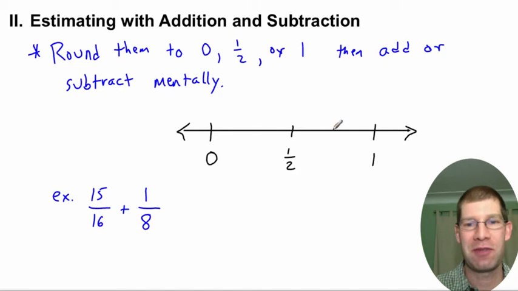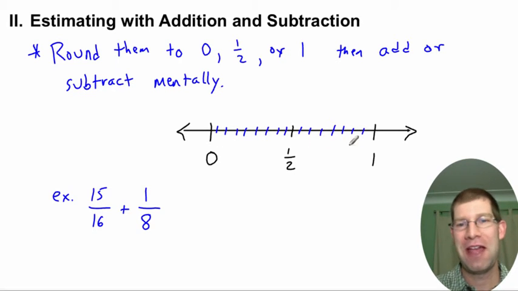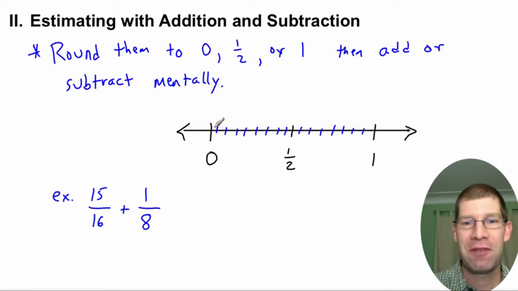If we were to take that 1 and break it up into 16 parts, they'd be about this spacing. I wasn't really counting, so I don't even know if I have it quite right. But when we have it broken up into about 16 chunks, 15 of those 16 chunks is going to be right there. So that's 15/16. So 15/16 is going to be closest to 1.